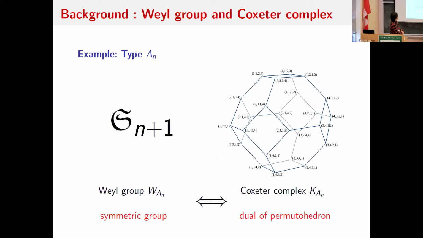This is an example of the Weyl group and Coxeter complex of type A. The Weyl group of type A is the symmetric group, and the Coxeter complex of type A is the dual of the permutohedron. The permutohedron is the corresponding fan of the permutohedral variety.